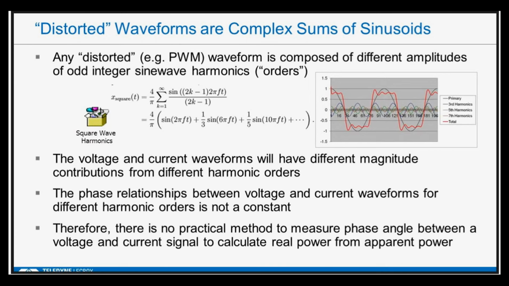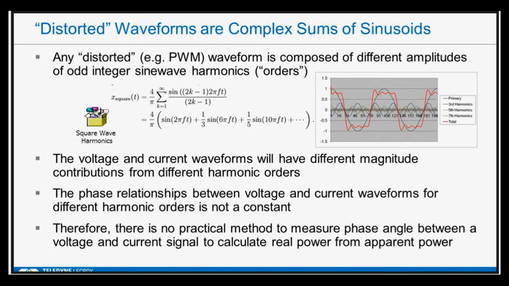That waveform contains a fundamental, the primary, and then it also contains a 3rd harmonic, a 5th harmonic, a 7th, a 9th, and so on. When I sum all those up in their different magnitudes, I get something that looks like this. If I add out to the 70th harmonic, then I get something that looks more like a perfect square wave.